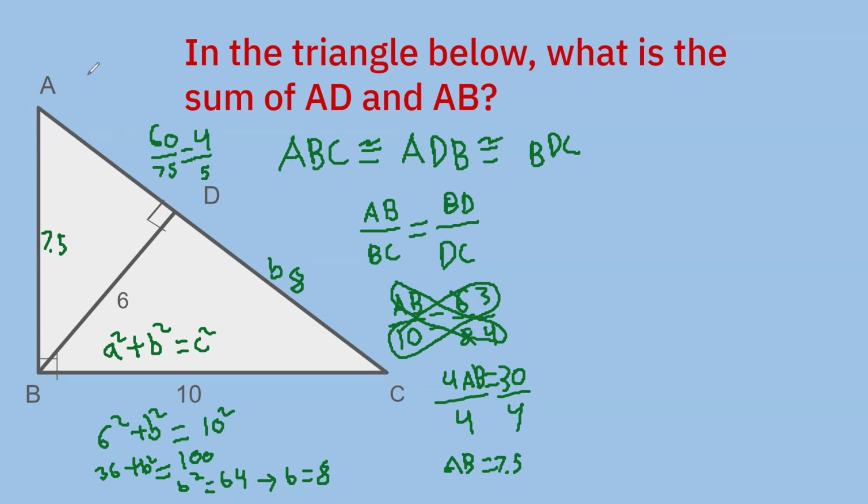So 7.5 times 3/5, right? We could do Pythagorean theorem, but I'm just trying this to show you a different method using the ratios. So 7.5 divided by 5 is going to give you 1.5. So this cancels out.